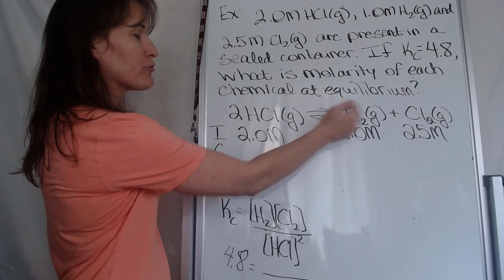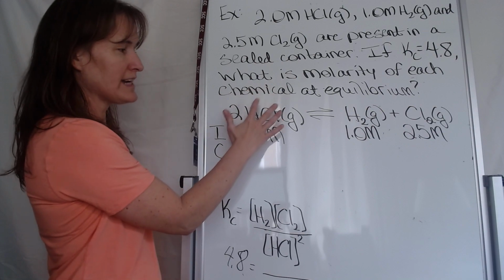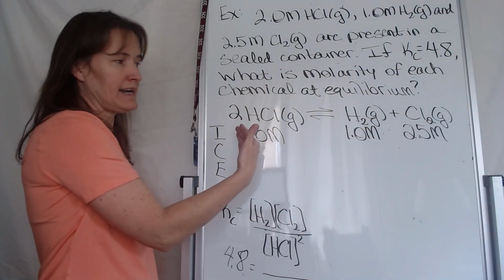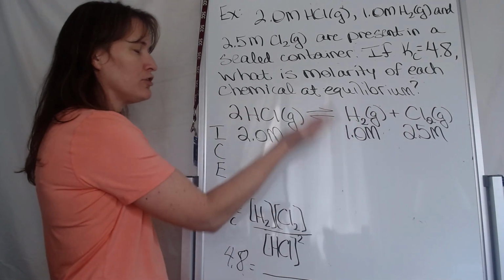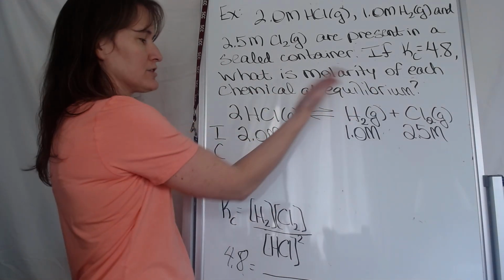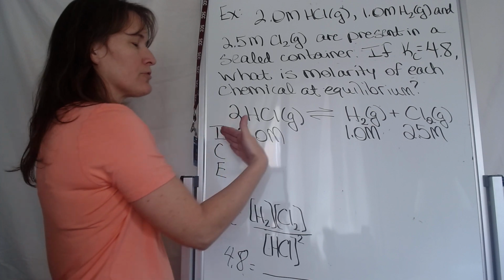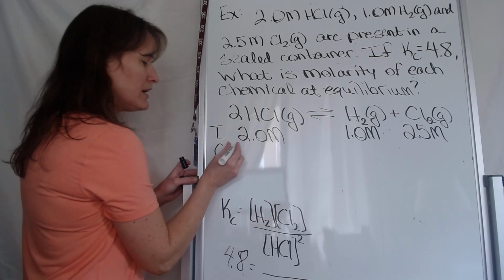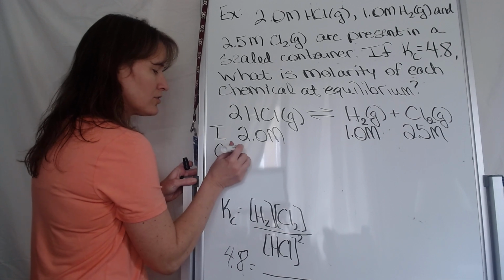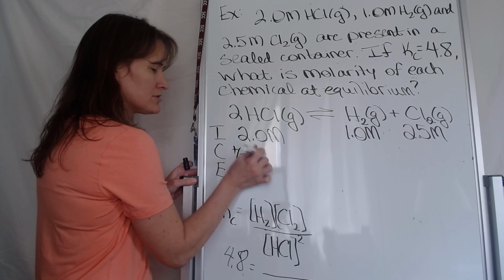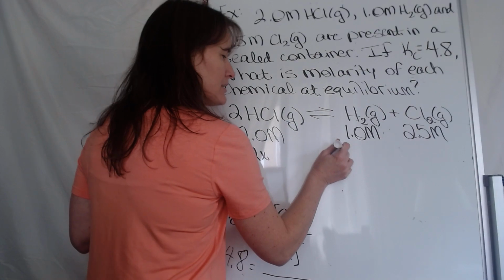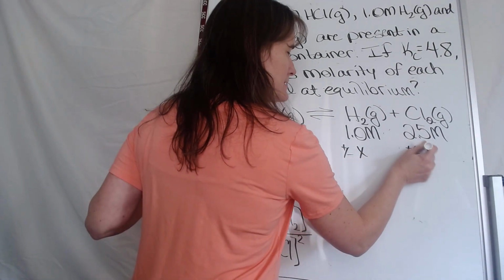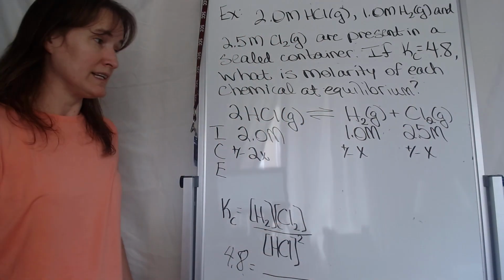Because this goes both ways, even though we call this the reactant side, the products are also creating the reactants. So you don't know if you have too much product or too much reactant, and we don't really know which way to go. So it's going to be plus or minus 2x, and plus or minus x, and plus or minus x, but we don't know which way it is.